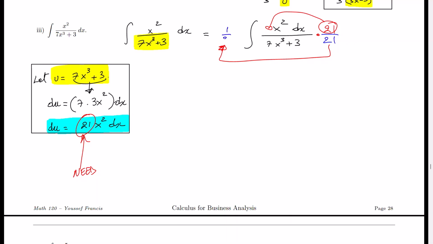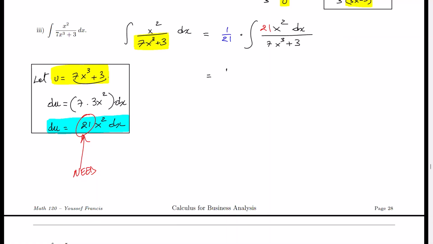So I'm just going to put it over here on the denominator, and the 21 on the numerator, I'll just slide it conveniently and put it right in front of the x squared. So this is legal to do as long as you're introducing only numbers to the problem. You cannot do it when you have variables. You can only do it for numbers, in this case 21 over 21.